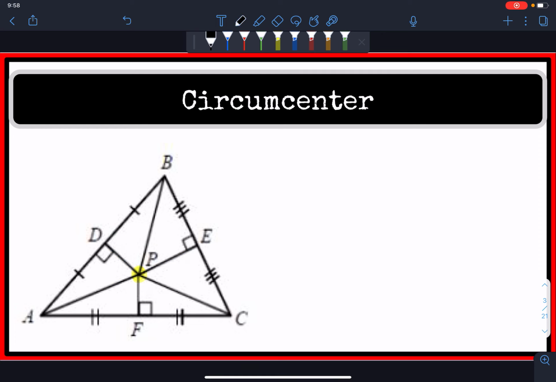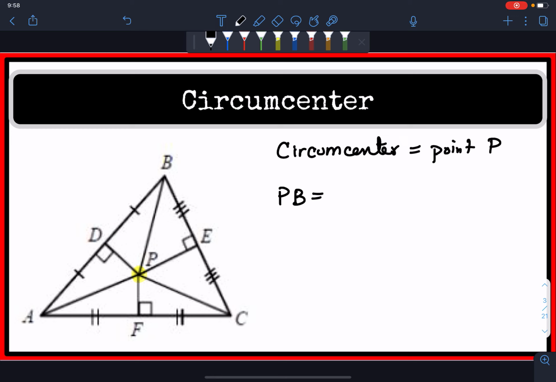So in this example, our circumcenter is going to be the point P. With that point being the circumcenter, a couple of things are an equal distance. The distance from point P to the vertices, which are these three points here.